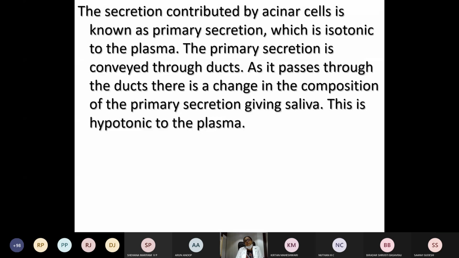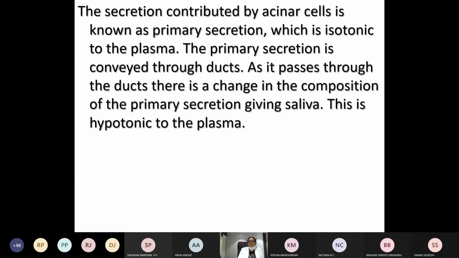The secretion contributed by serous cells is known as primary secretion, which is isotonic to the plasma. The primary secretion is conveyed through ducts.